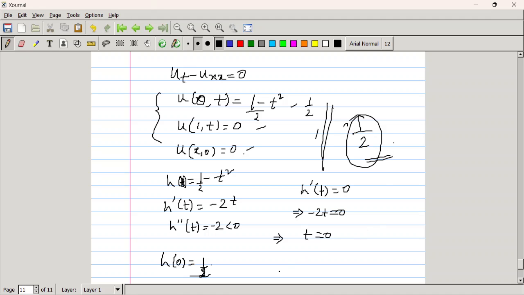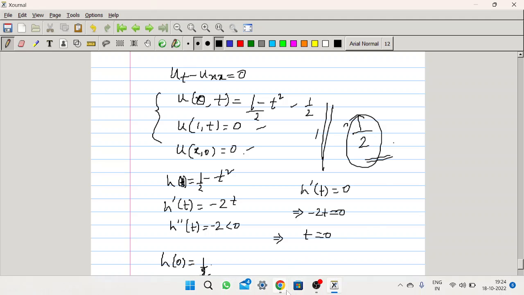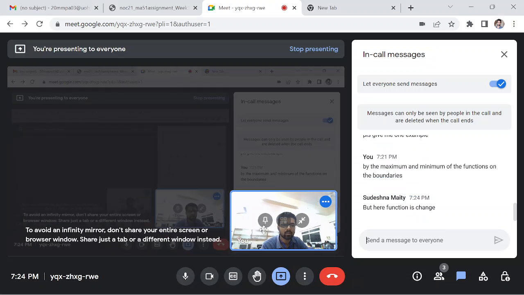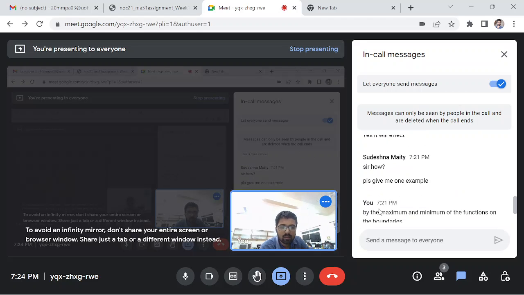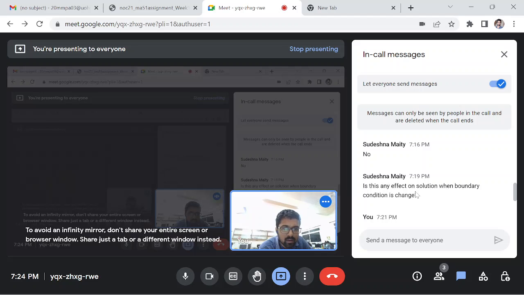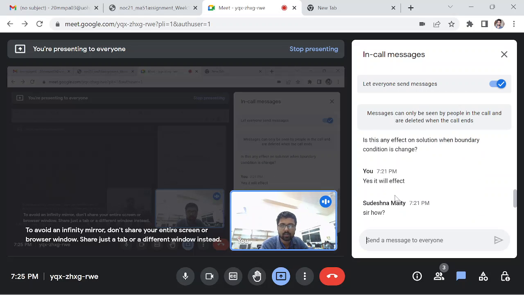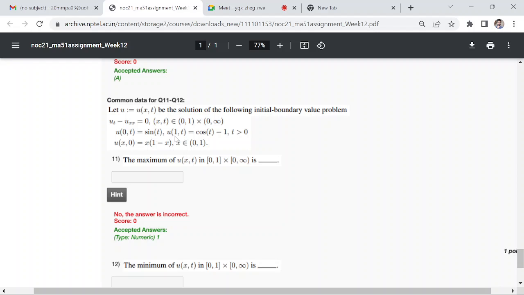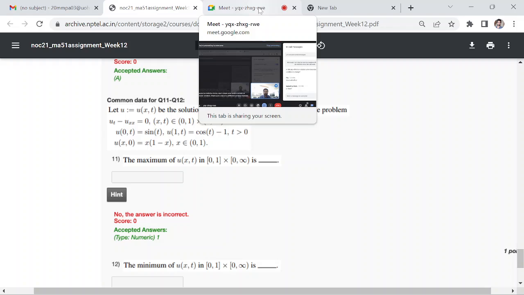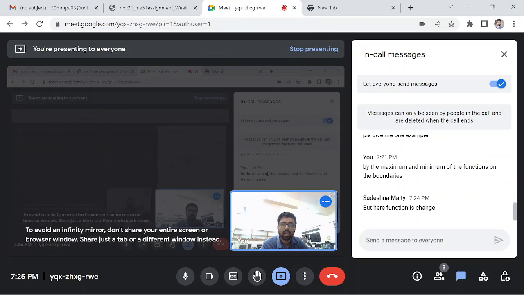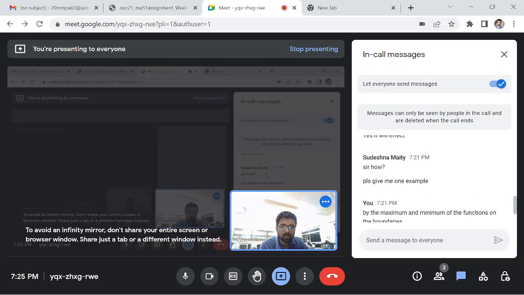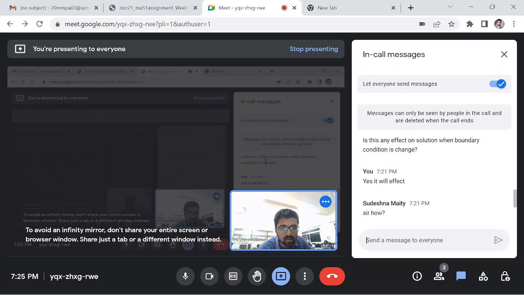So the solution changes as you change the conditions. But here the function is changed. What is your question? Is there any effect on the solution when the boundary condition is changed?